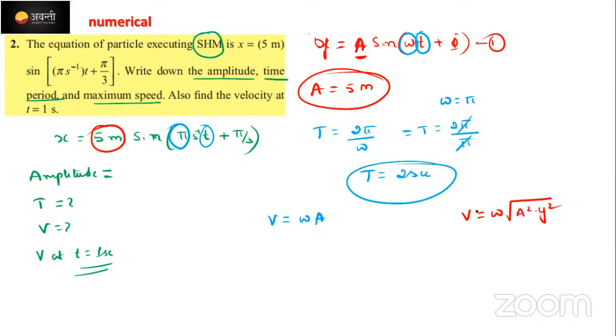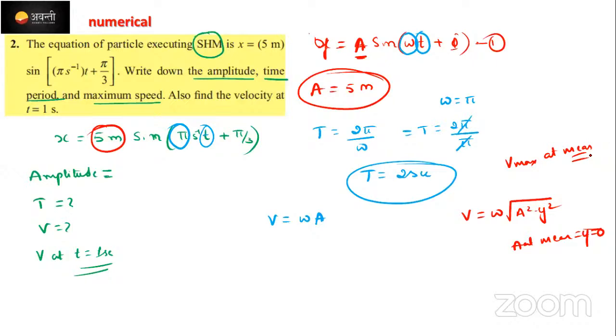During simple oscillatory motion, velocity is maximum at the mean position, and it is 0 at the extreme position. At the mean position, the y value is 0. If y is 0 in this equation, v is equal to omega under root of a square.